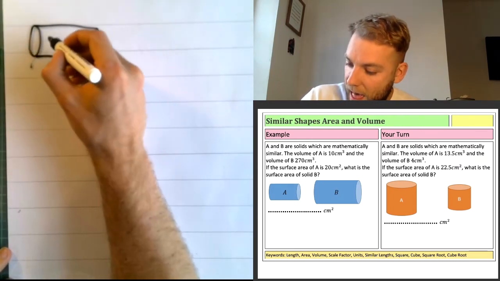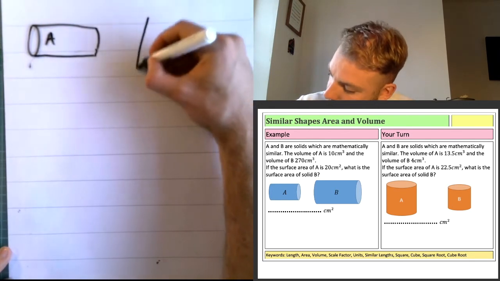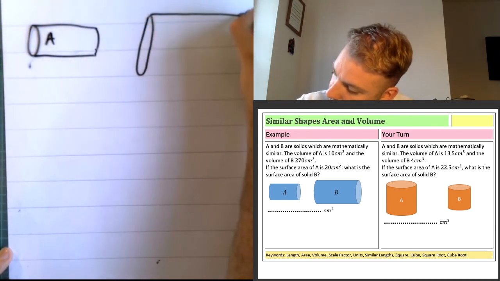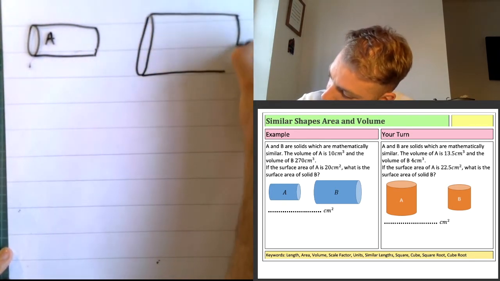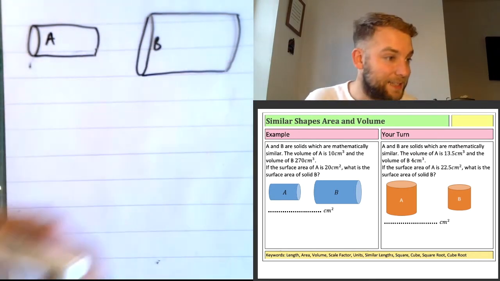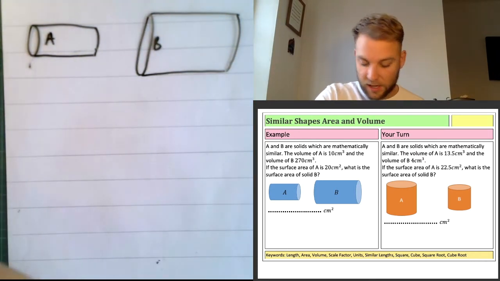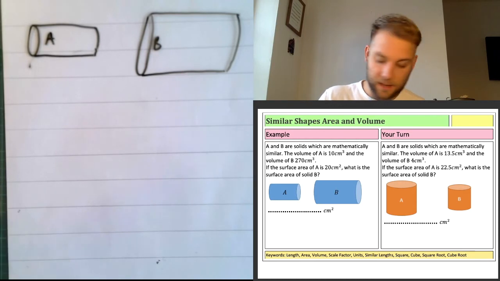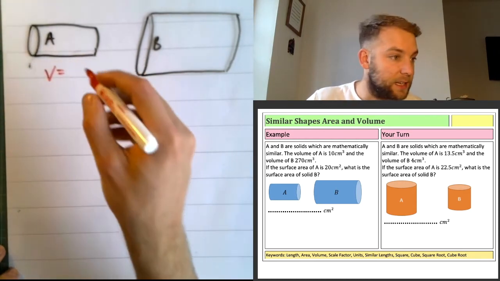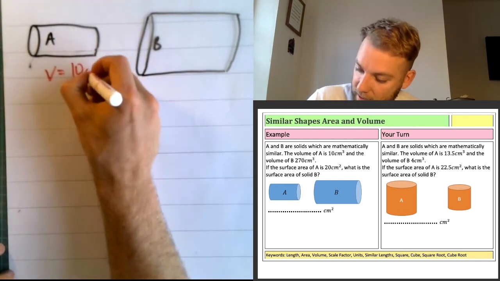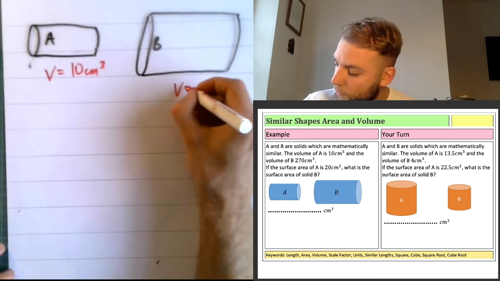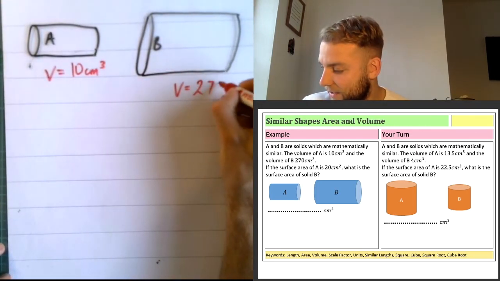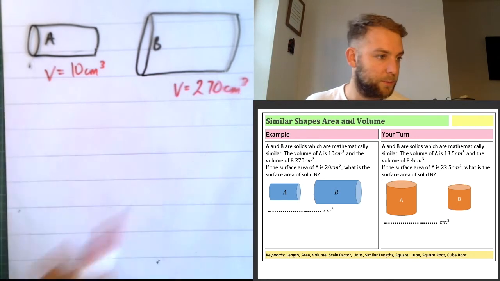And this one is A, and this one is B. And it's telling you the volume of each of these. So the volume of A, this time, is equal to 10 centimeters cubed. The volume of B is equal to 270 centimeters cubed.